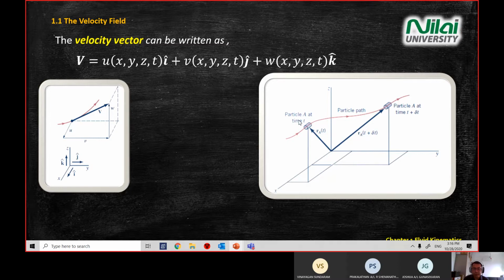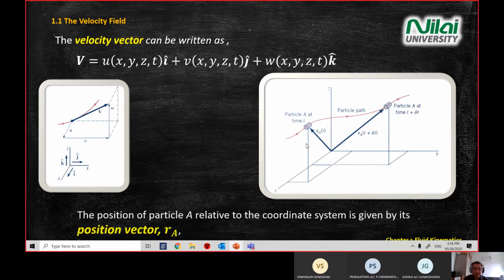Here we represent it with time t and t plus delta t at the second location. So this particle moves from here to here, and the red line is the particle path. r_A is called the position vector, but in this case, it's relative to the origin in the reference coordinate axes.